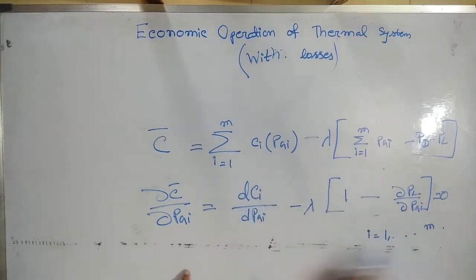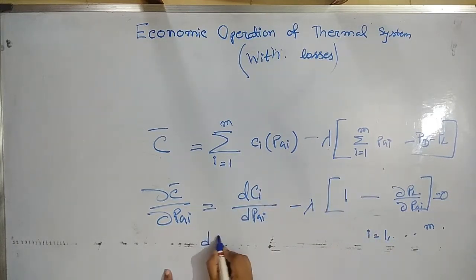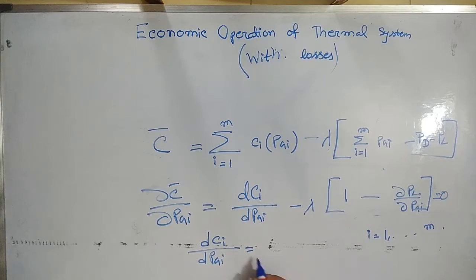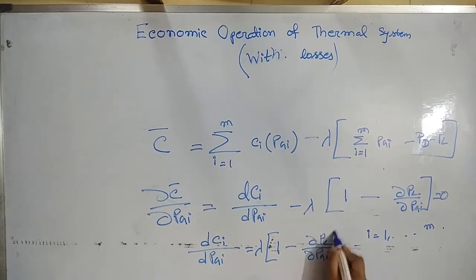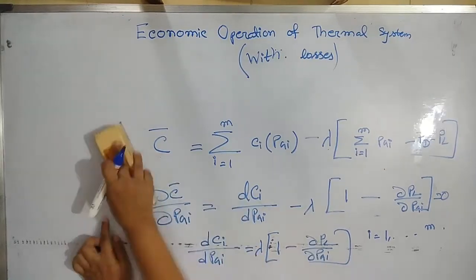From this, the derivative of cost with respect to output power equals lambda times (1 minus dPL/dPGi). Now what is the value of lambda from here?